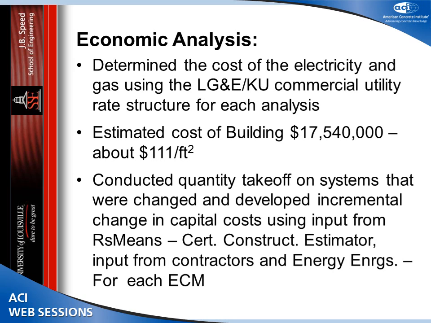We then did an estimate on the building. We used a means analysis and then had all of our figures reviewed by a certified construction estimator. And our building was around about $17.5 million, which is about $111 per square foot.